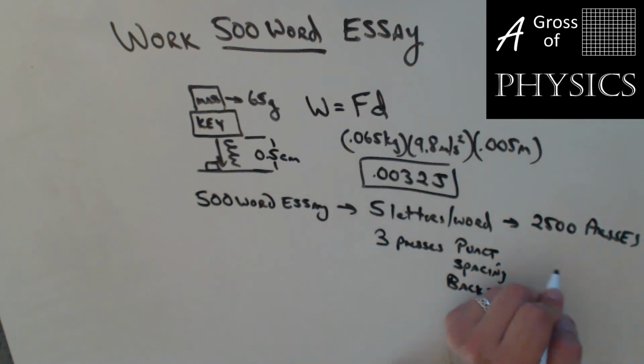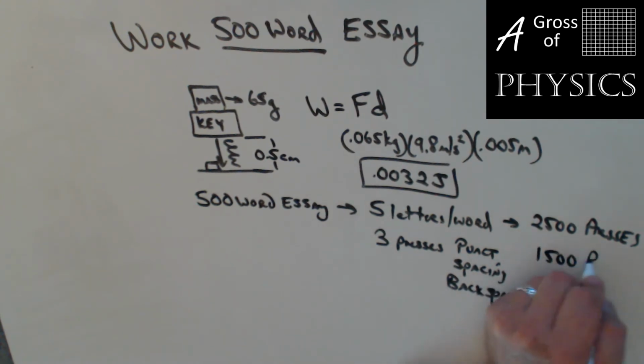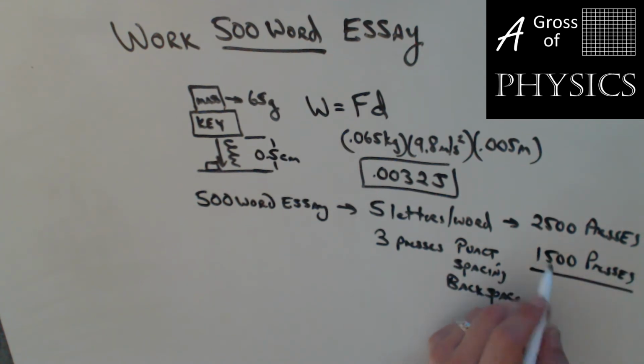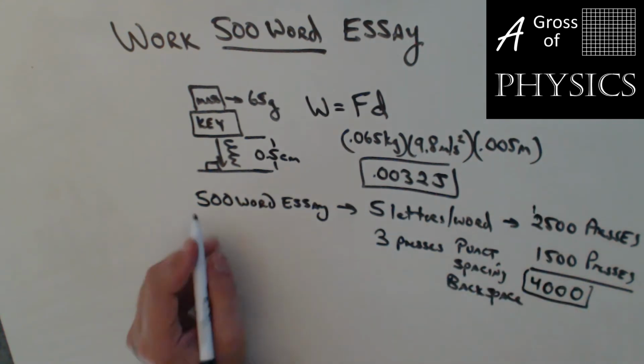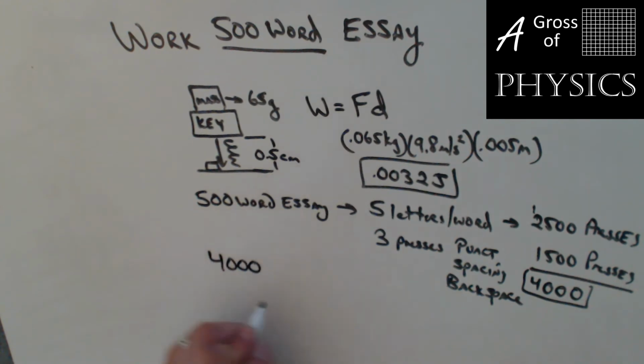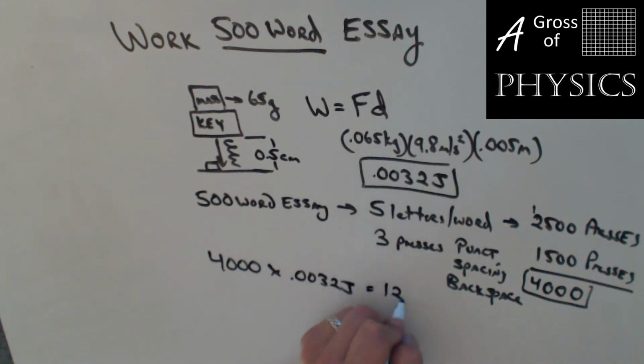Now that's 3 times 500, or 1,500 presses. 2,500 and 1,500 is 4,000 presses. Well, 4,000 presses times 0.0032 joules. Let's see what we get. Approximately 12.74 joules.